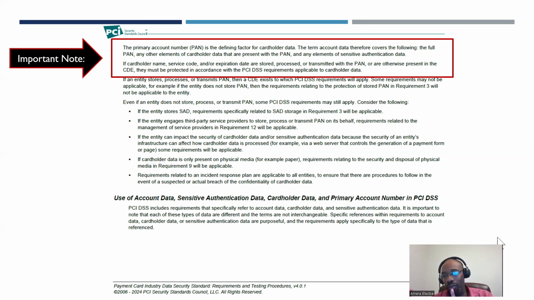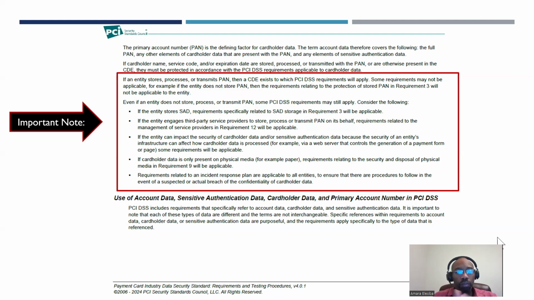Because that tool converts or does some sort of mathematical equation, or however they did it, and now provides a token for you. Now, if that token is not stored on that database with the cardholder name and all that cardholder data, then you don't need to protect it because that token is not the primary account data. Does that make sense? So I wanted to point that out.